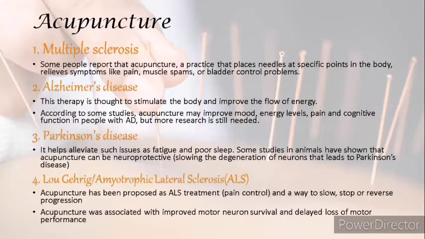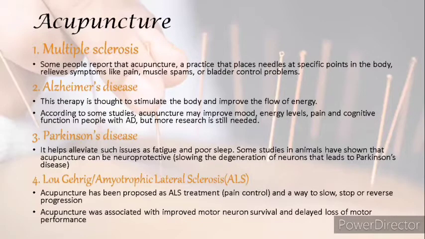According to some studies, acupuncture may improve mood, energy levels, pain, and cognitive function in people with Alzheimer's disease, but more research is still needed. To treat Parkinson's disease, it helps alleviate such issues as fatigue and poor sleep.